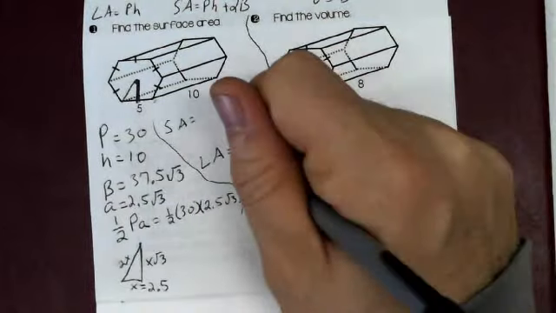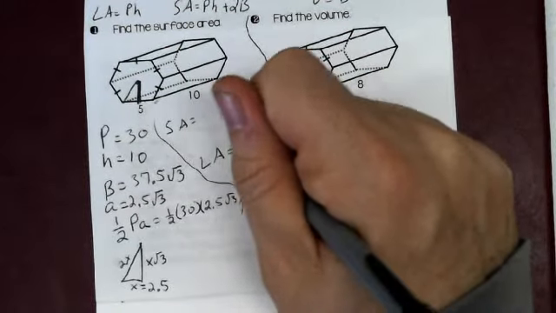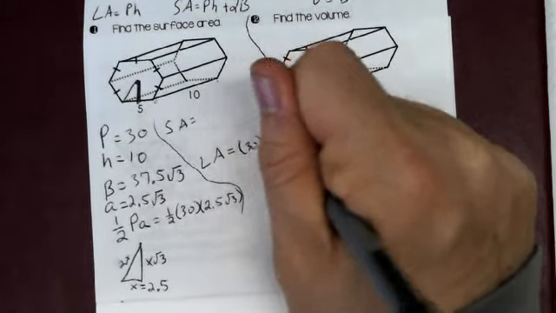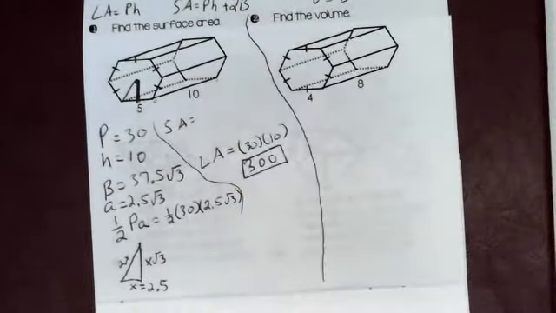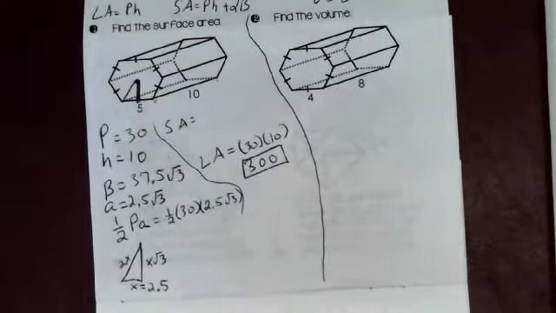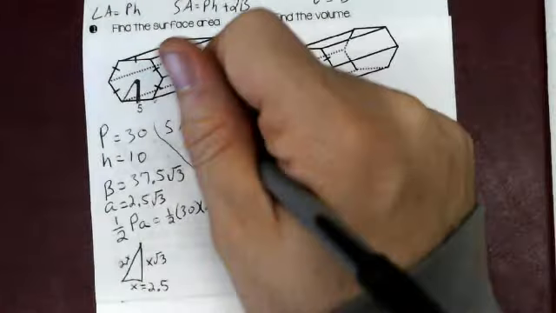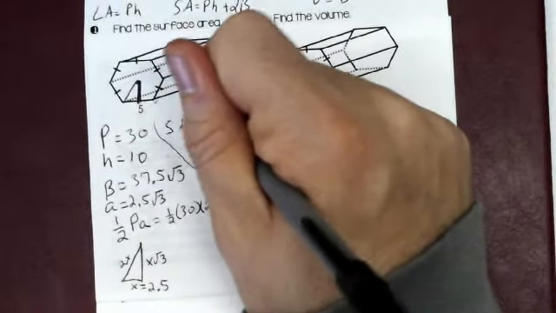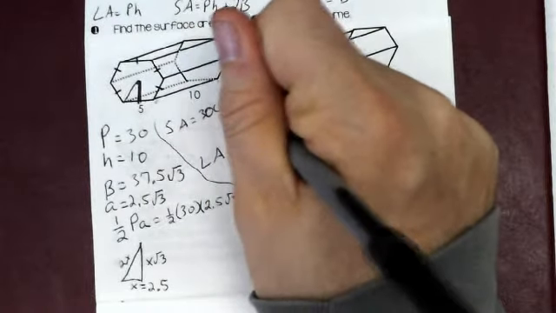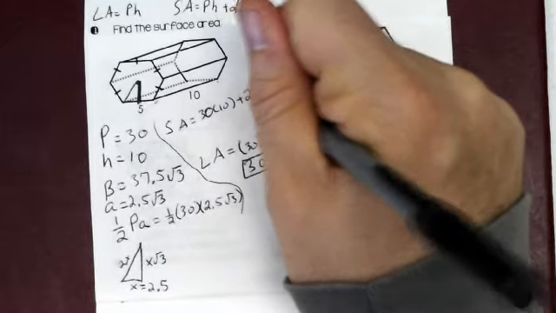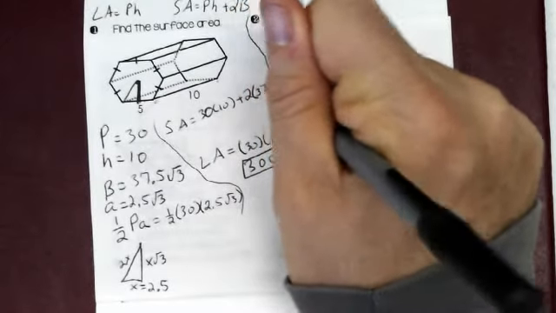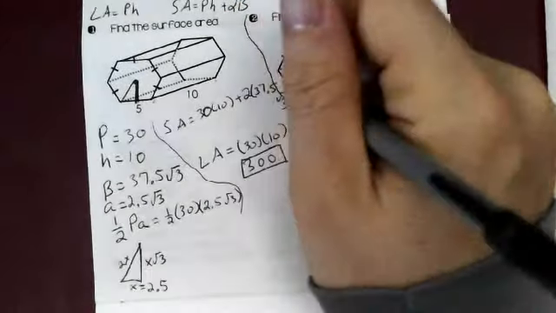My lateral surface area, that's going to be easy. That's just the perimeter of 30 times the height of 10. And so that's just going to be 300 square units. And the total surface area is still going to be the 30 times the 10 plus twice the area of the base, which we said was 37.5 square root of 3.